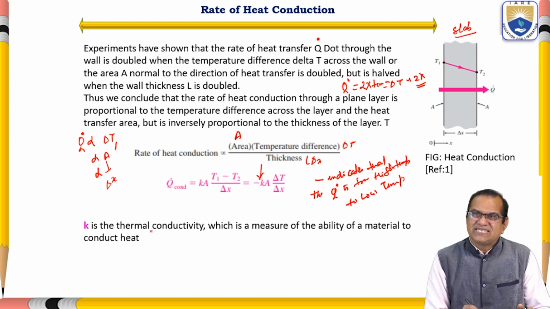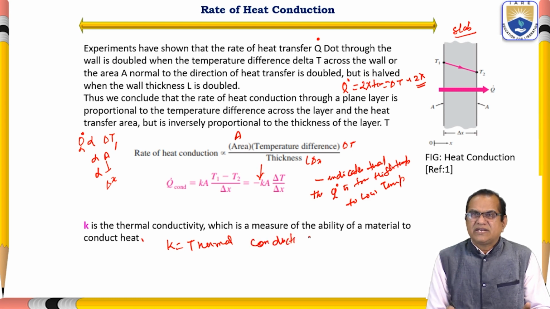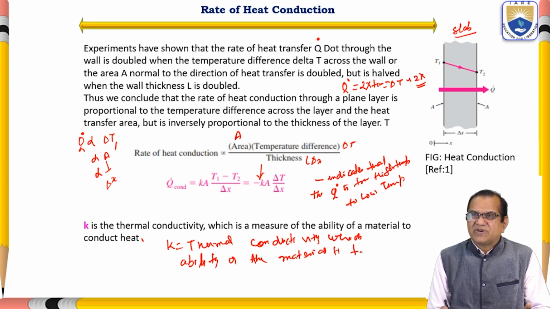Here K is the property that is called the thermal conductivity, which is a measure of the ability of a material to conduct heat. So this K is called the thermal conductivity, and it indicates the ability of the material to transfer heat.